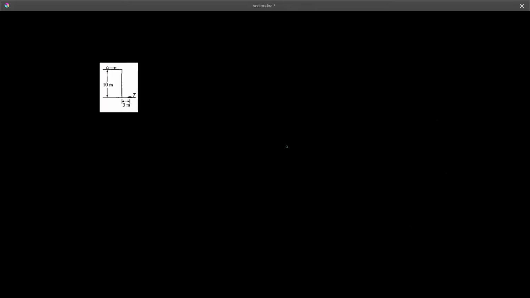Okay, so we have an exercise here which tells you that a ball rolls horizontally with a certain speed, and it asks you, for this specific scenario, what that speed has to be for it to hit the target. So first of all, you have to break it into components.